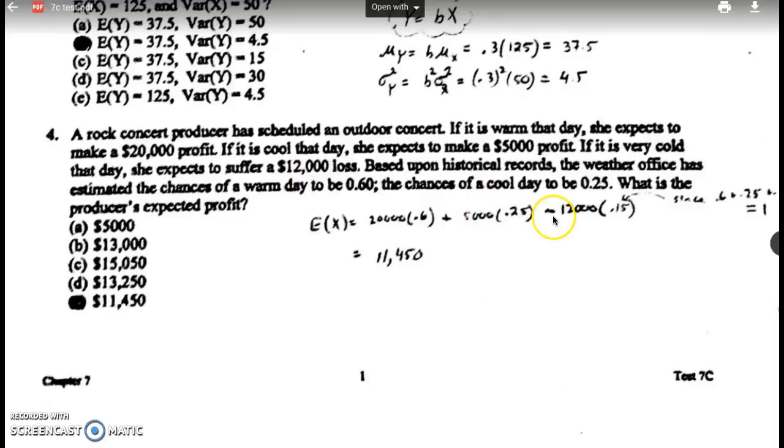So that's minus 12,000 times 0.15, and over here it says because 0.6 plus 0.25 plus 0.15 is equal to 1. So if you just dump that calculation in your calculator, you will get 11,450, which is E.